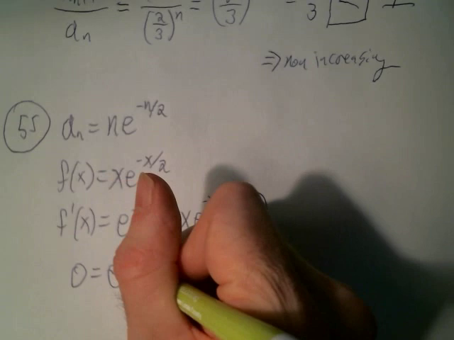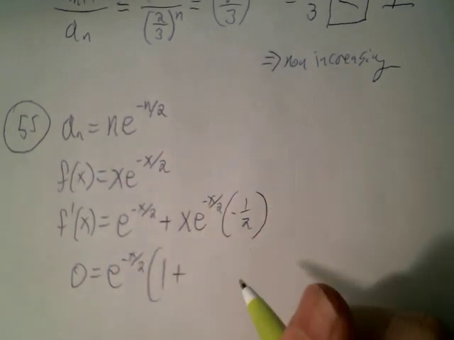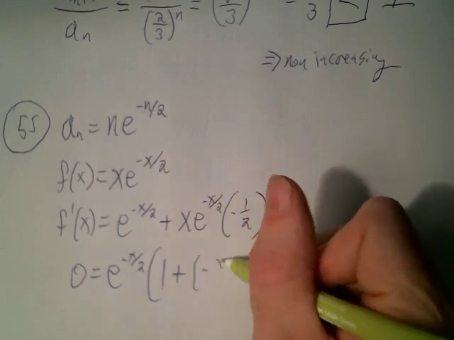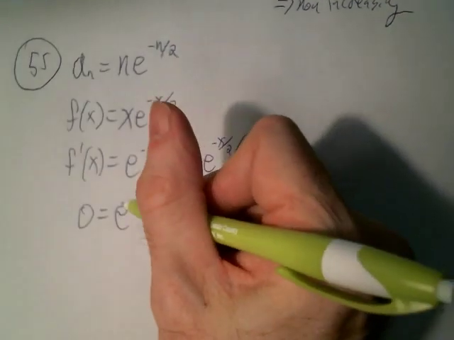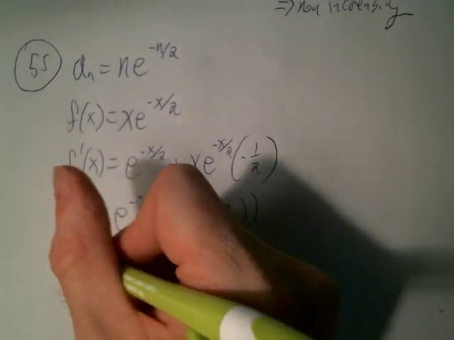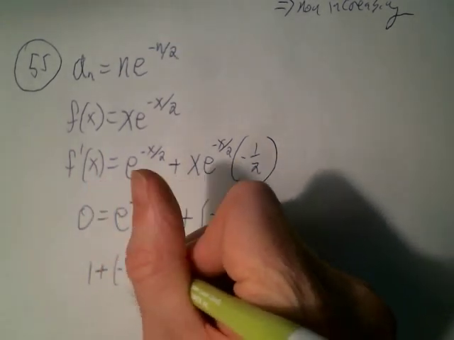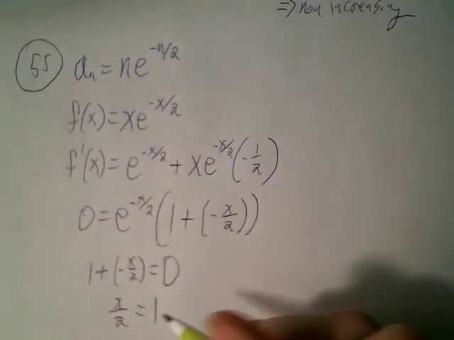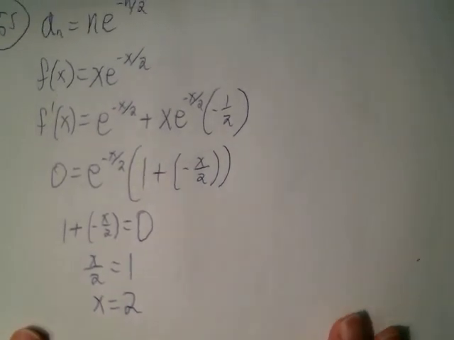I'll factor out e to the negative x over 2. This will never equal 0, so I just consider this part. So I'll have x over 2 equals 1, and so x equals 2 is my critical number.